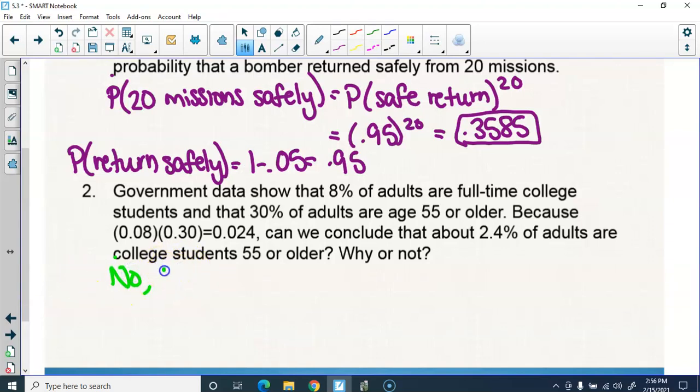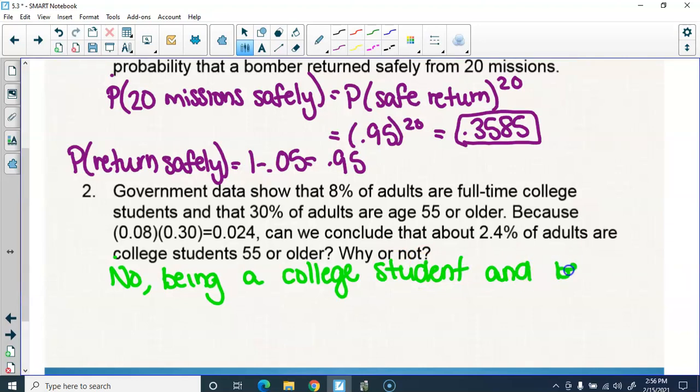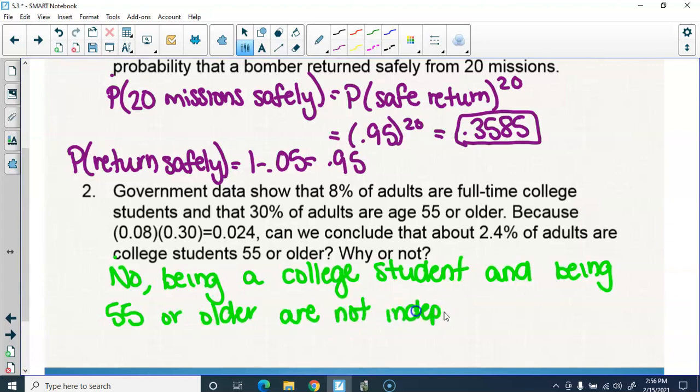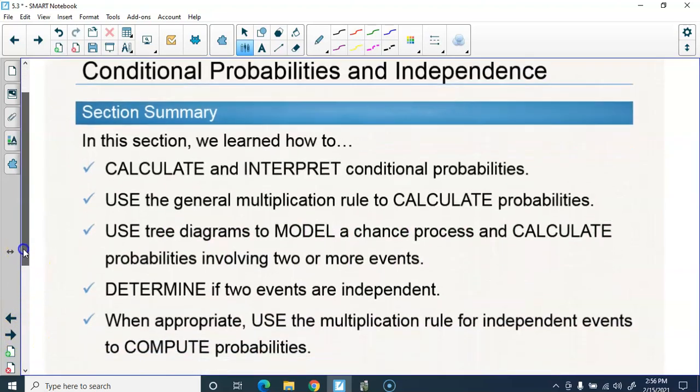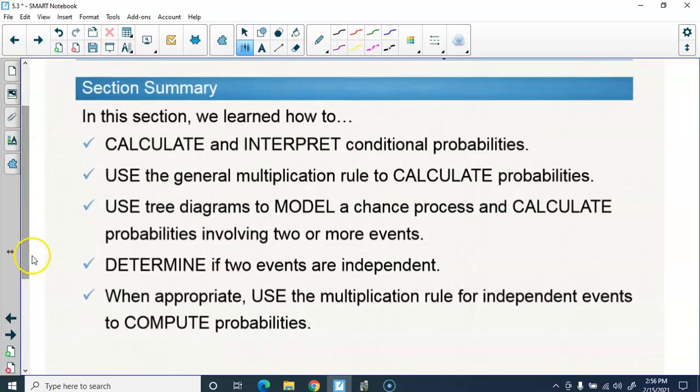No, because being a college student and 55 or older are not independent. And that finishes up our section 3 on conditional probability and independence.